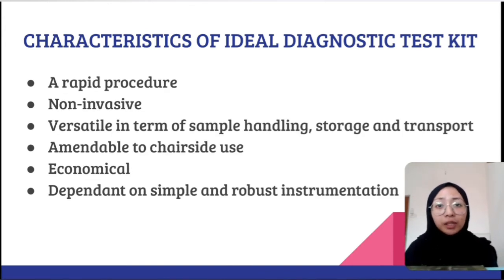Sixth, it should be a rapid procedure, which means it only takes about 1 or 2 stages. Seventh, it should be non-invasive, which means it is safe to treat patients. Eighth, versatile in terms of sample handling, storage, and transport. Ninth, amenable to chairside use. Tenth, economical. And lastly, dependent on simple and robust instrumentation.